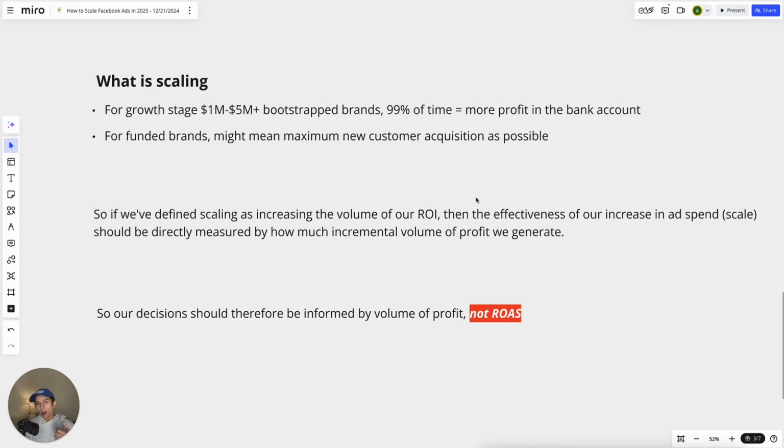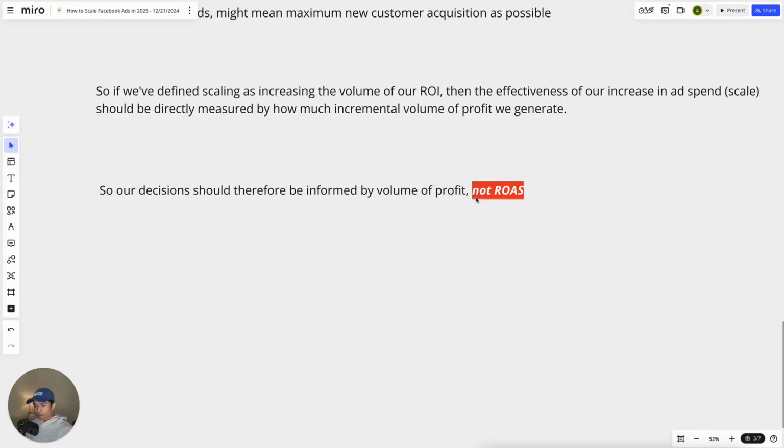It doesn't tell you how much profit is actually hitting your bank account. If I hit a 5 return on ad spend, that doesn't tell me what my net profit EBITDA is at the end of the day, or how much money is hitting my bank account. And a 5 return on ad spend on 100K in spend versus $1 million in spend are two totally different scenarios. So our decisions need to be directly informed by volume of profit, right?